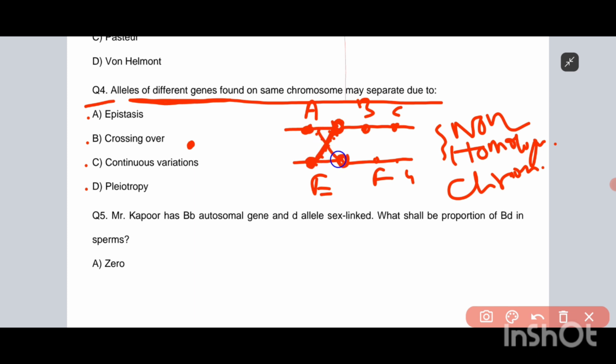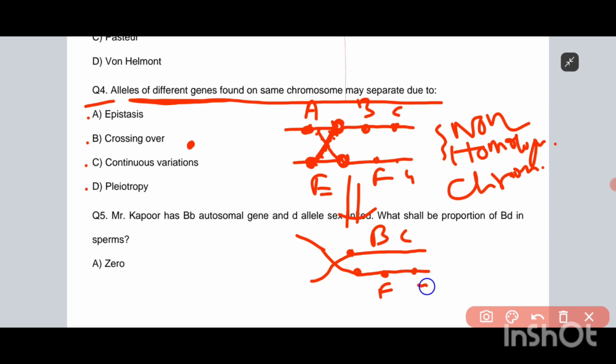So during crossing over, it takes shape like this situation.